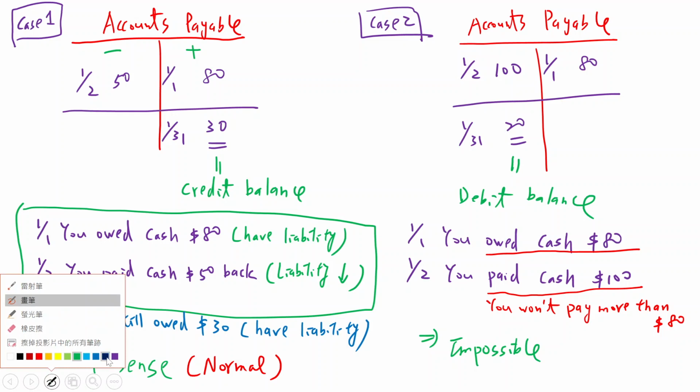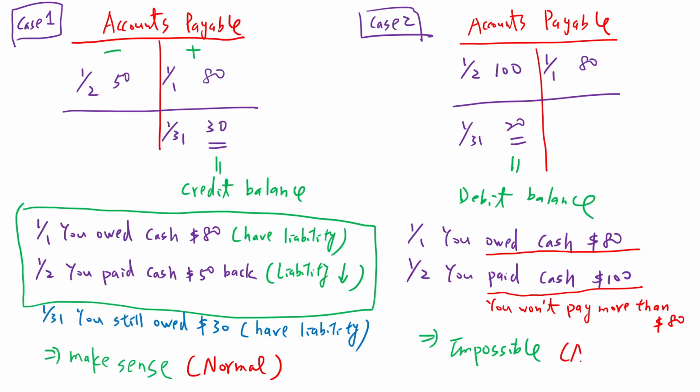So we will say that's abnormal. So after you got the final amount, after you got the balance, you should double check it to figure out the final number on debit side or on credit side. Which one makes sense? Which one is impossible?